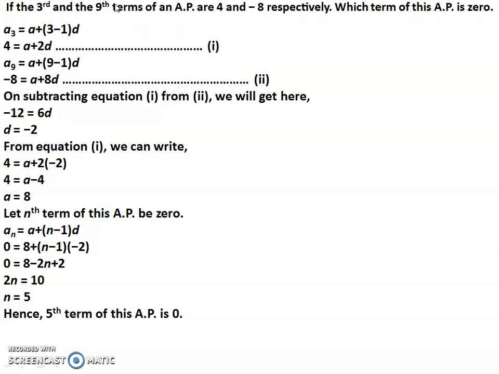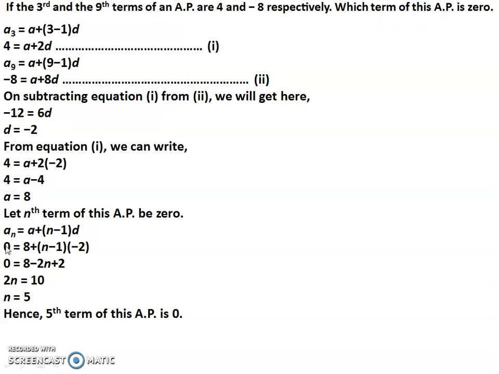Students, as discussed before, a plus 2d equal to 4, a plus 8d is equal to minus 8. Using these two equations, you will get a and d. And which term of this AP is 0?